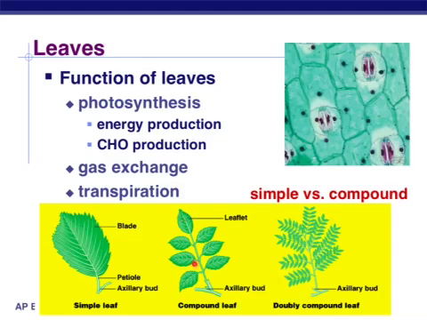So these and these would both be compounds, the difference just being that one petiole gives rise to even more leaflets in this example than it does in this example. Okay, so this would be a simple leaf, this would be a compound leaf, and we call these doubly compound leaves. They're still compound leaves.